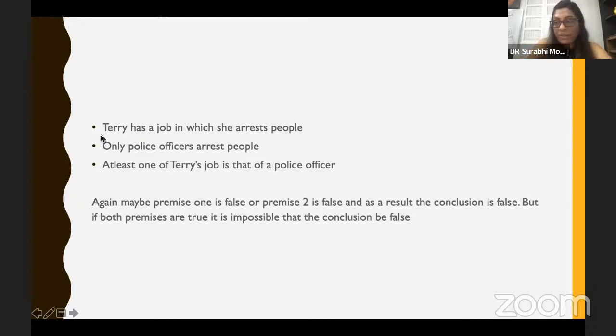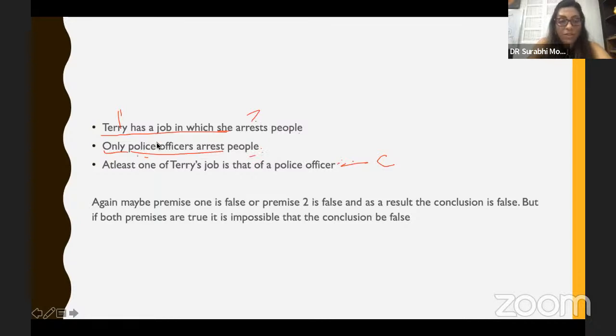So let's look at these 3 statements here. This is statement 1. This is statement 2. And this is the conclusion. Now look at this term. This is term 1. Arrest people is term 2.